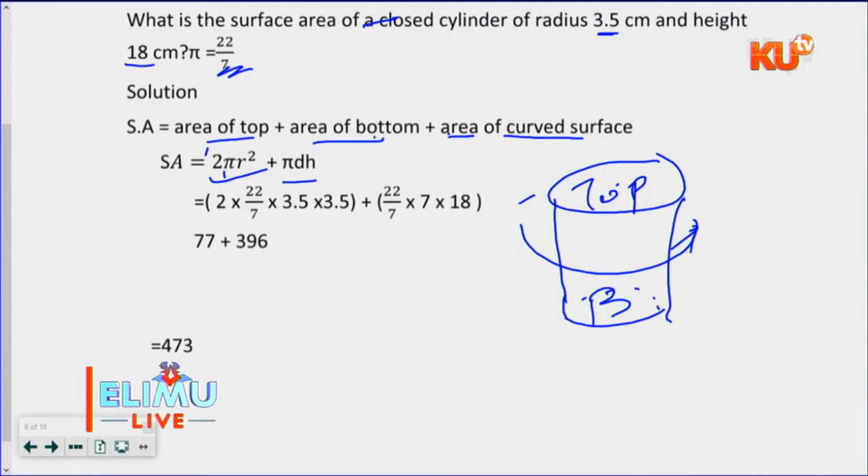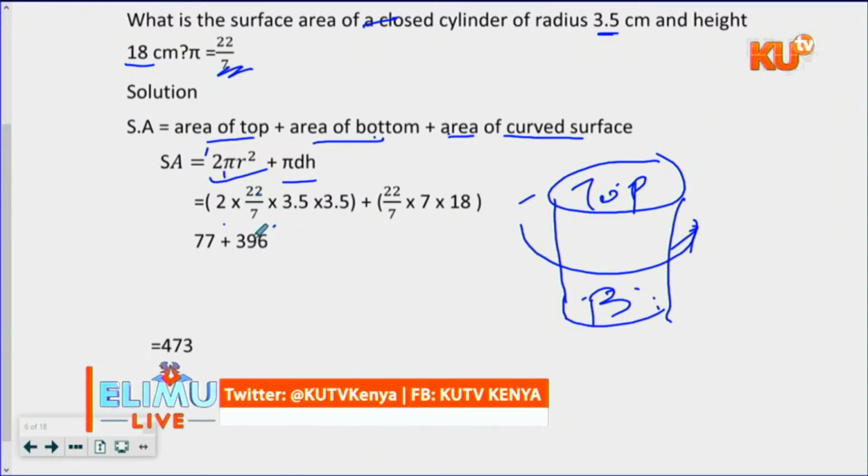The radius is 3.5. So we'll say 2 times pi, which is 22 over 7, times 3.5 times 3.5. Because we have r squared, remember, r squared is the same as r times r.